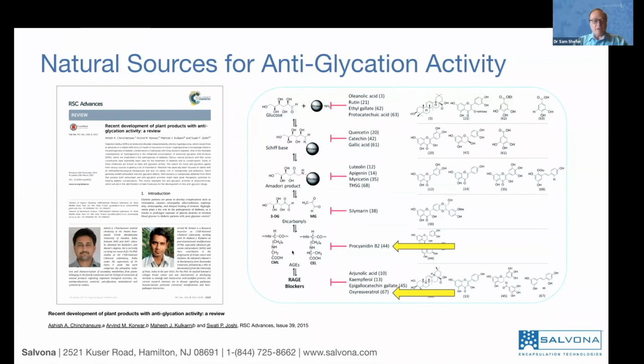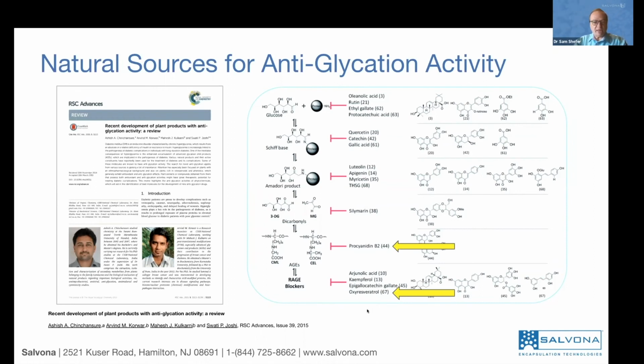You understand the process is a long one, as you can see in this picture. And there are different polyphenols, natural materials that can stop the process. But we highlight two, and we're going forward with only these two.